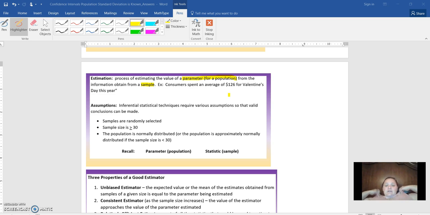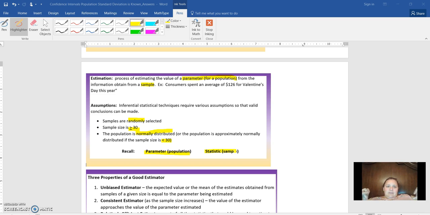All right, so when we do inferential stats, there's some natural assumptions. The samples are random. It's greater than 30. If it's less than 30, it's normally distributed. All right, remember, parameter relates to the population, statistics relates to the sample.